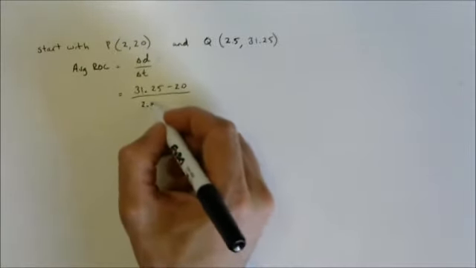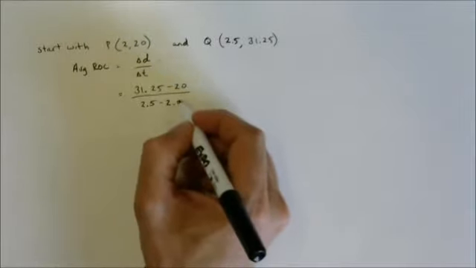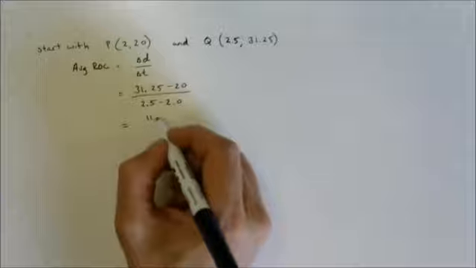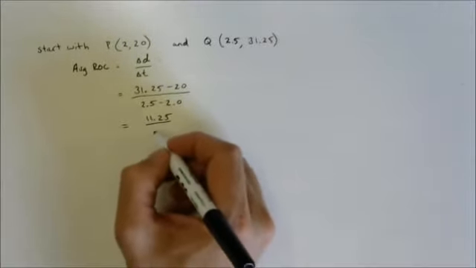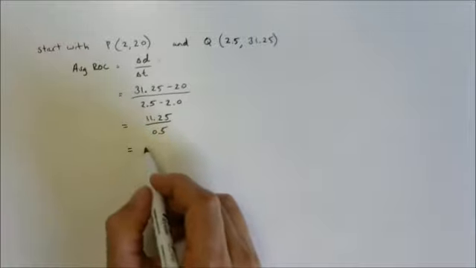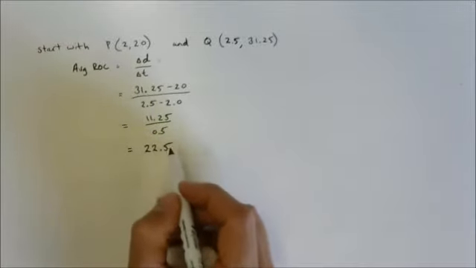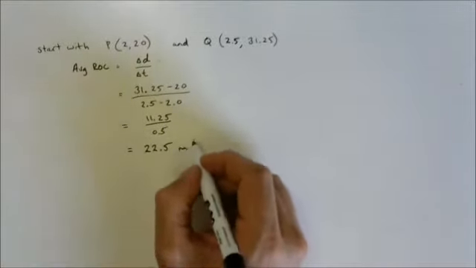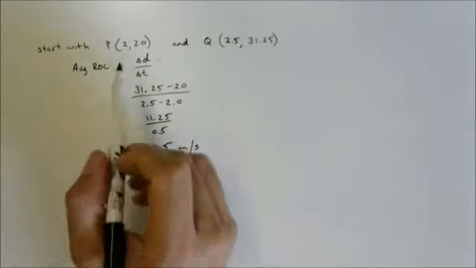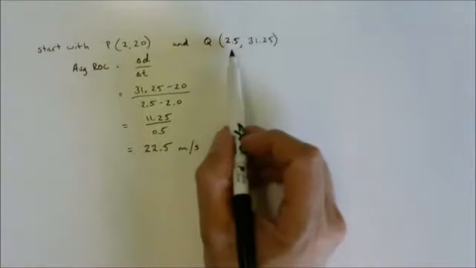And in the denominator, we've got 2.5 minus 2.0. We can reduce that to 11.25 over 0.5, which is the same as 11.25 times 2, which gives us 22.25. And I'm just going to right away go meters per second. Well, that's a pretty good approximation, a little bit closer than when we had the point t equals 2 and t equals 3.